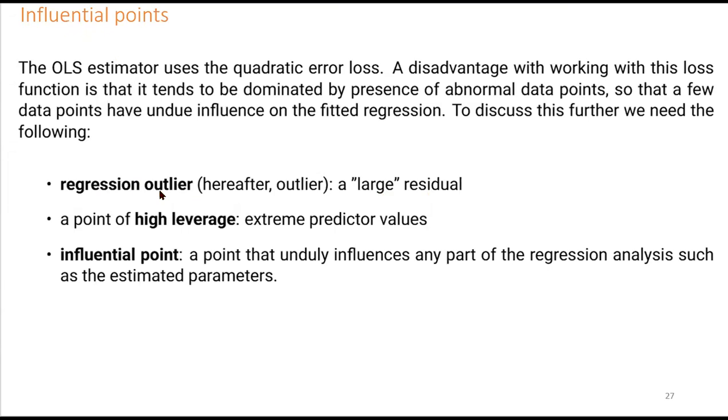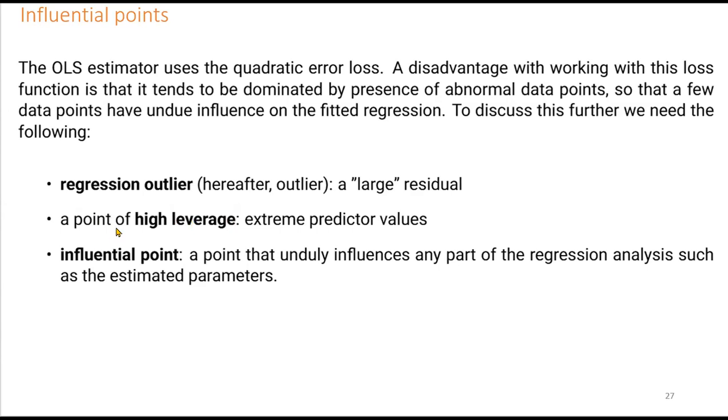Because if you think about first year stats, ST102, when you looked at outliers, maybe in the context of a box plot, that would be a univariate outlier, because you're only looking at a single variable. So it turns out a univariate outlier need not be a regression outlier.